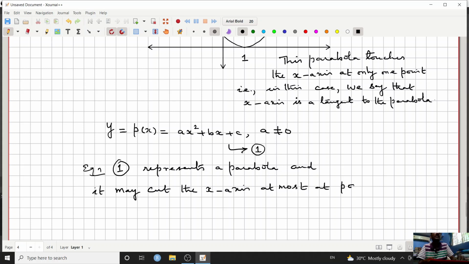So in the case of at most 2 points, take the equation x square minus 5x plus 6. Or it never cuts the x-axis, that means no zeros.